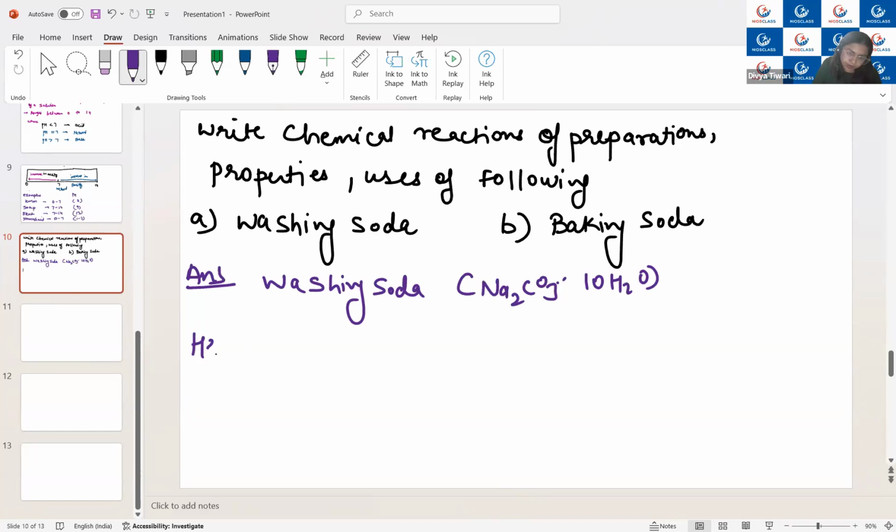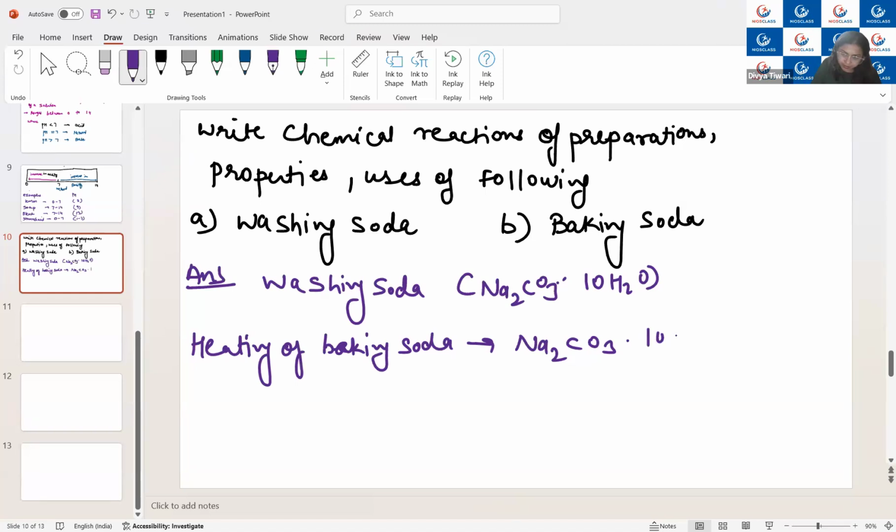Heating of baking soda, then Na2CO3 will be formed, and crystalline water will also be added like this only.